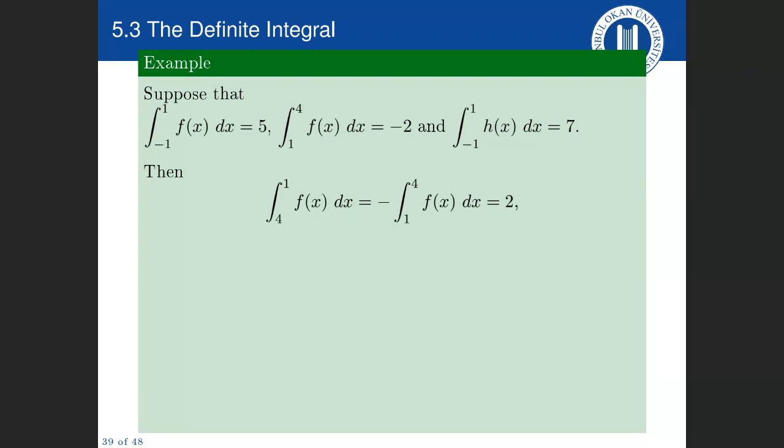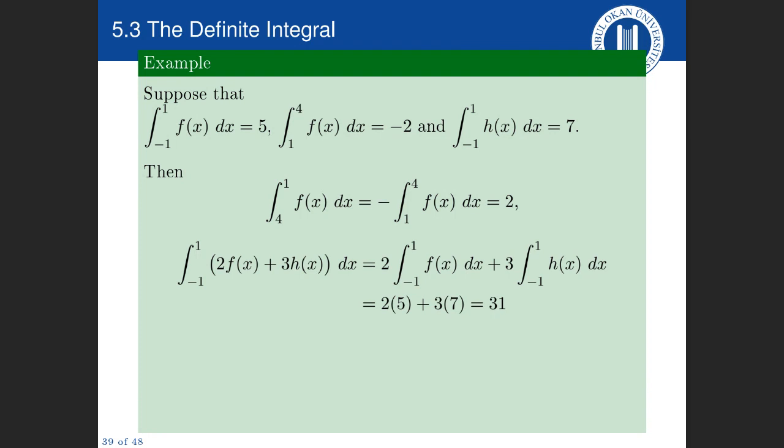Then we can calculate the integral from 4 to 1 of f. Rule number 1 was we can swap the upper limit and the lower limit around as long as we put a minus sign in the front. So we get minus the integral from 1 to 4, f of x dx. And the question tells us that, so it's minus minus 2, or plus 2.